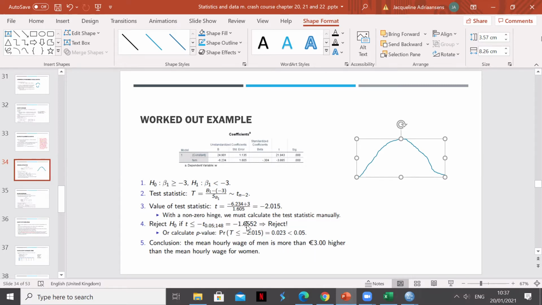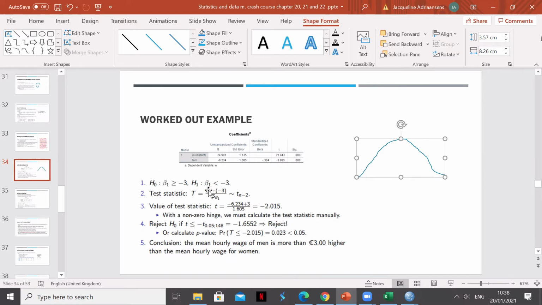So our critical value was this, and our test statistic is this. And the critical value means that a value lower than this, because it's a lower tailed test, allows us to reject the null hypothesis because it's so unlikely to be true under this realization. And this, of course, is smaller than the critical value, such that we say it's so unlikely that we reject H0. If we reject H0, what's our conclusion?